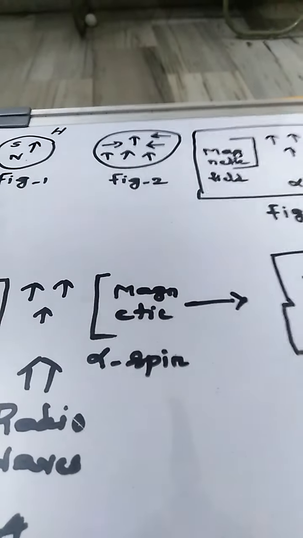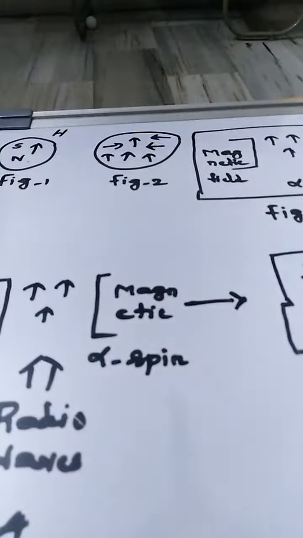Now comes the concept of magnetism. When we apply an external magnetic field, we want to align, or quantize, all the protons in one particular direction.